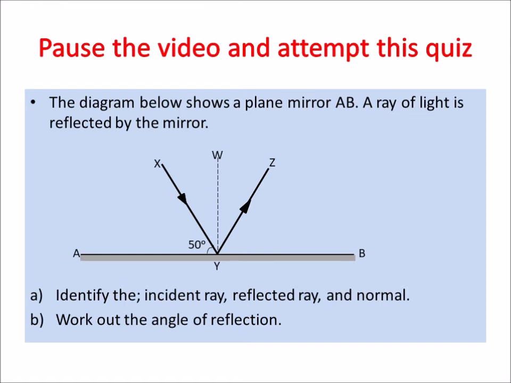So your task here is to basically identify the incident ray, reflected ray, and the normal, then work out the angle of reflection. So after reading this, pause the video, answer the questions, and then as a class you can share your answers and see what each person has.